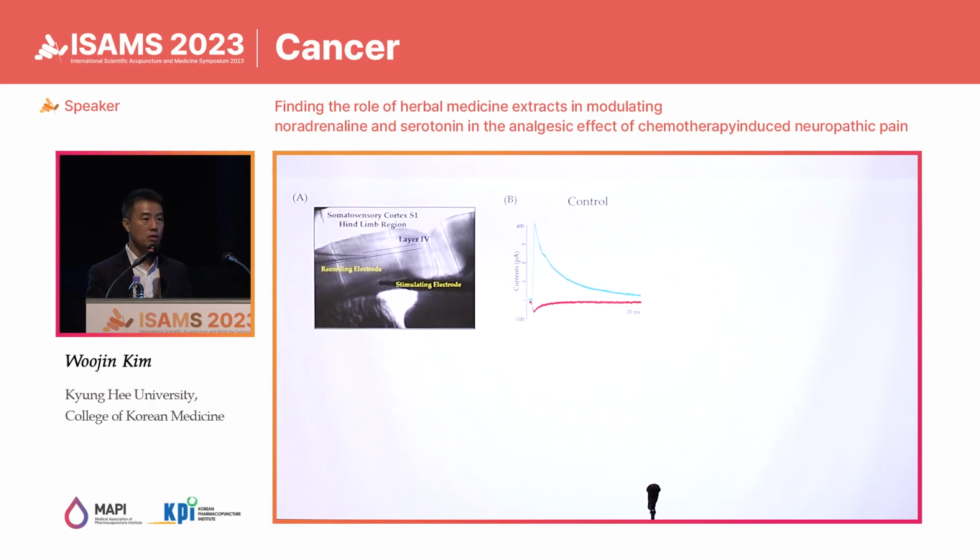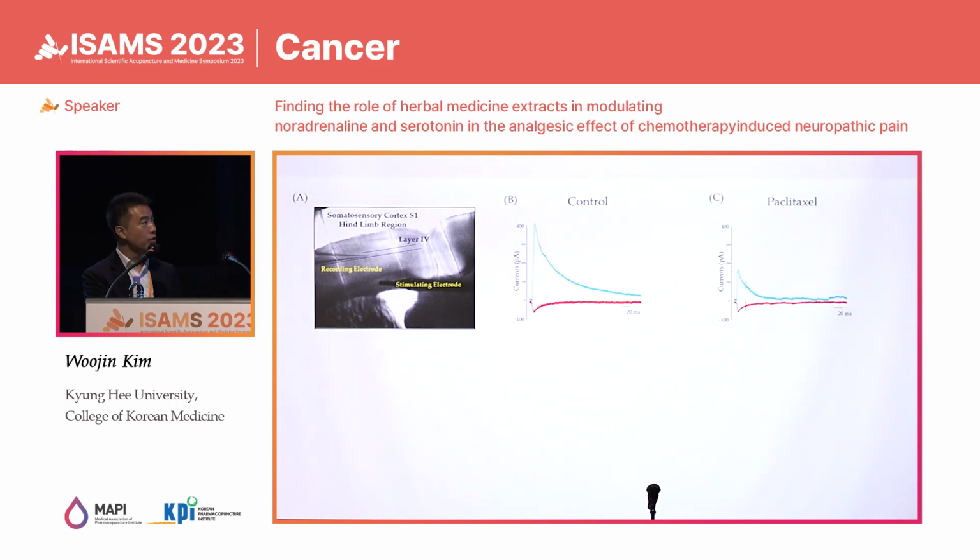You can see that normally in the brain the inhibition is bigger than the excitation. The blue part is the inhibition and the red part is the excitation. So you can see a big inhibitory postsynaptic current, and the excitatory postsynaptic current is smaller.